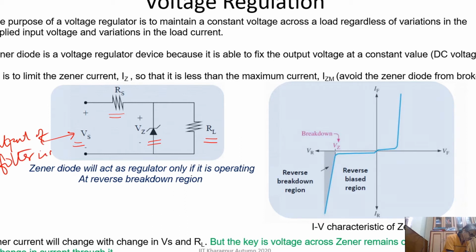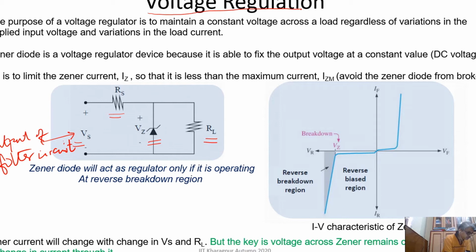Just now we showed that filter block, right? Anyway, let's assume that there is a voltage source Vs, a resistance Rs, Zener diode Vz, and RL is the load. So this is basically the simplest scheme of voltage regulator.